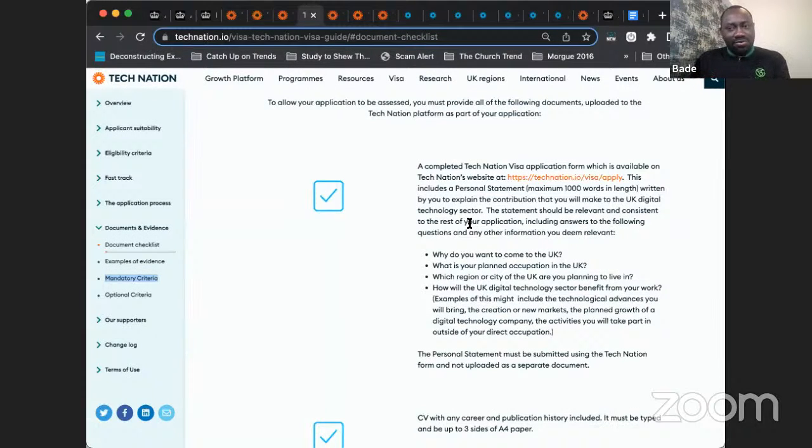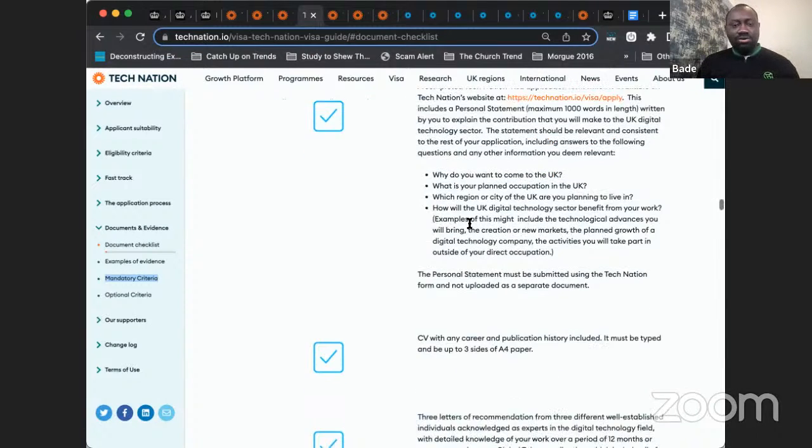I must say, if you are the founder of a startup that has a lot of traction, a lot of recognition, it is easier. But if you're a senior executive, or an executive or even an employee in that organization, and you have documentary evidence that shows that this is the person that is making things happen, then you qualify. And what you need to do is package yourself in that perspective, right?